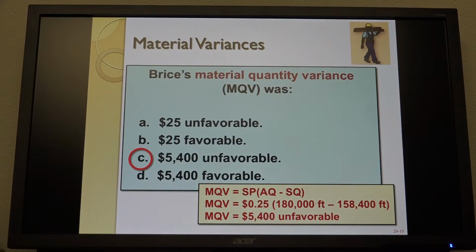Now, to figure out material quantity variance, you simply take your standard price of 25 cents and multiply that by the difference between the 180,000 feet minus the 158,400 feet. And so the MQV here is unfavorable by $5,400.